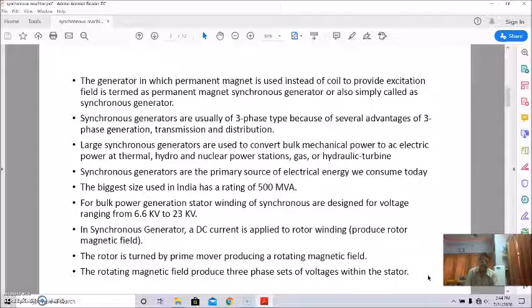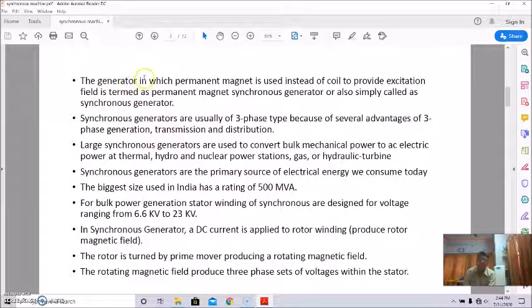If a device called a prime mover rotates this rotor, the magnetic field will also rotate. As a result, a rotating magnetic field will be produced, and the rotating magnetic field produces three-phase sets of voltage within the stator.